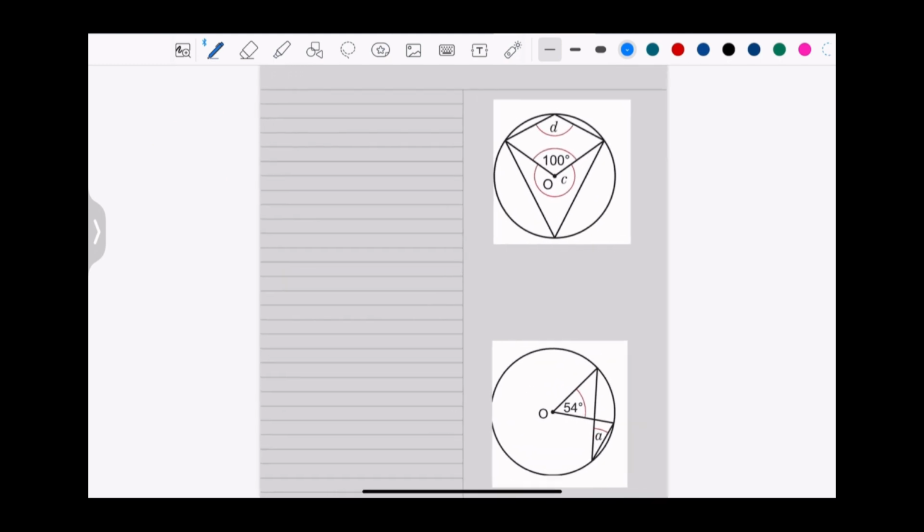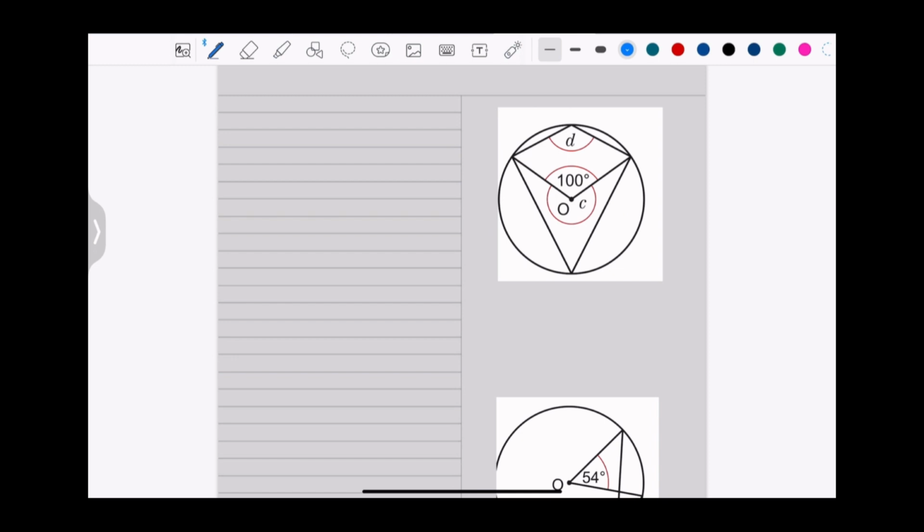Now let's look at this example here. If I highlight this one, I need to find C and D. C is going to be, as you could see, a whole complete rotation. So angle C is going to be 360 degrees minus 100, which makes it 260 degrees.